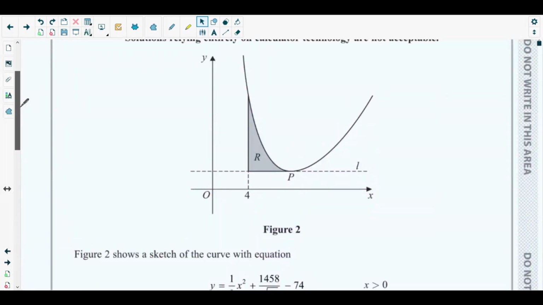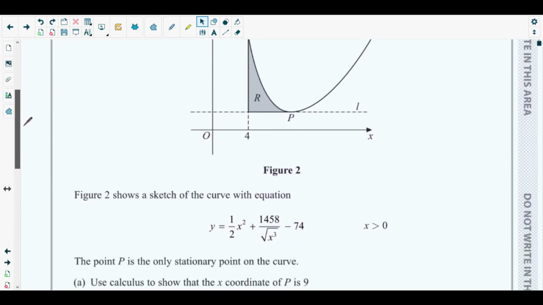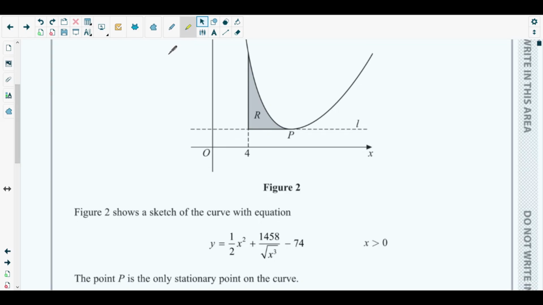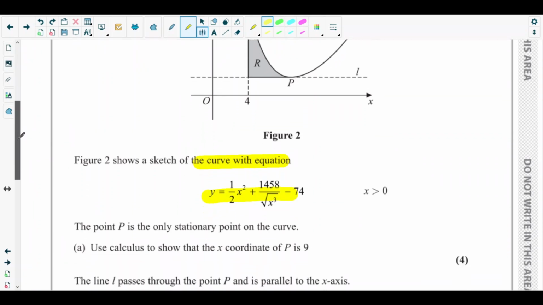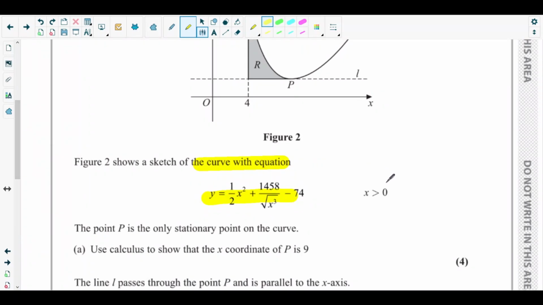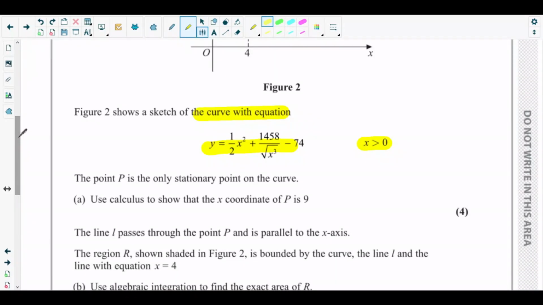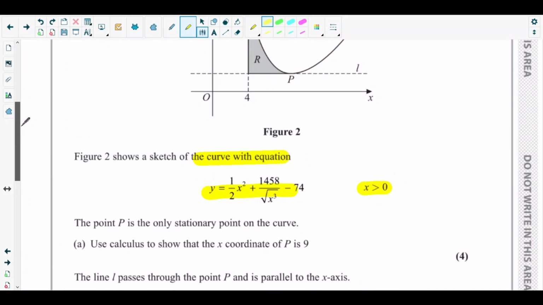Right at first you can see a figure. Figure 2 shows a sketch of the curve with equation y equals half of x squared plus 1458 over square root of x cubed, minus 74, x greater than 0. The point P is the only stationary point on the curve.